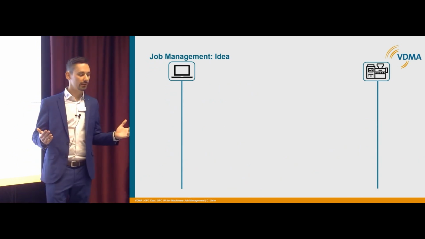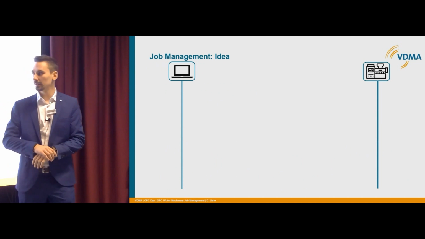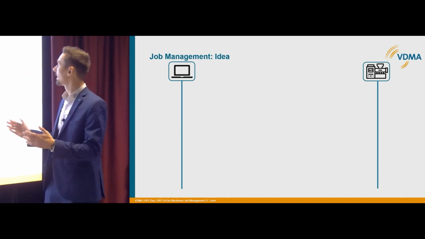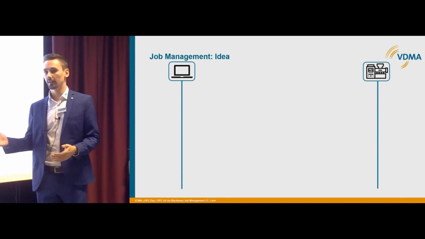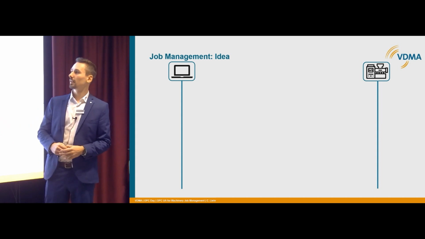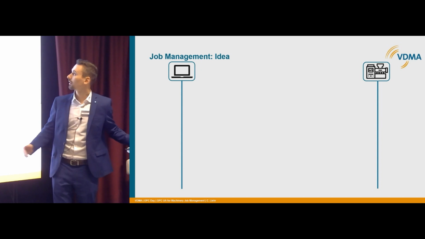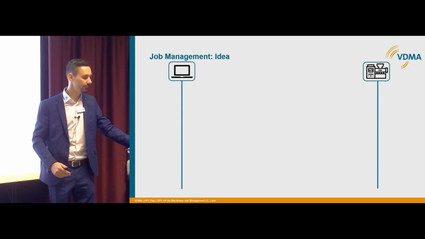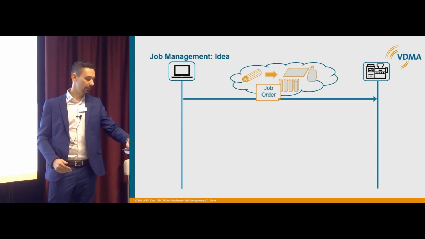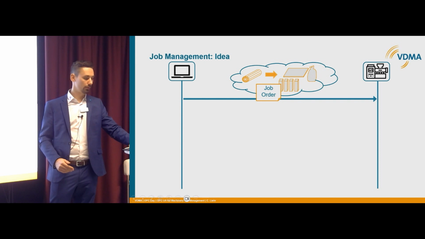In general, the idea of job management can be drawn with two stakeholders and their lifelines. On the left side, you see an upper-lying system, like, for example, an MES system. And on the right side, you can see a machinery item. The first step always is to transfer a job order from the MES system to the machinery item.